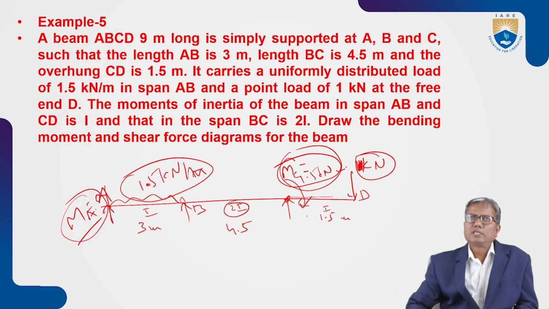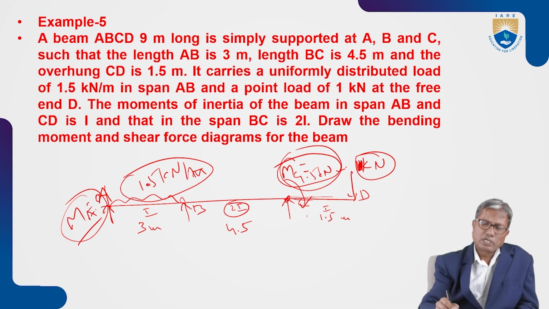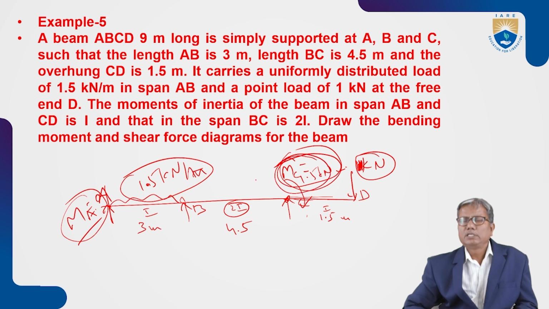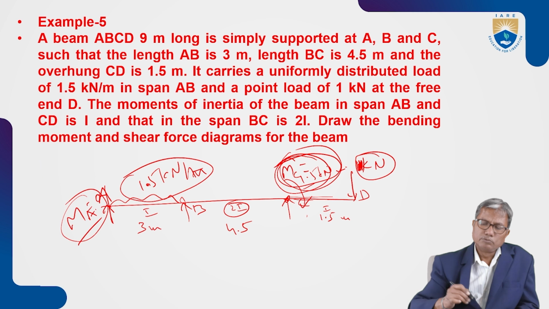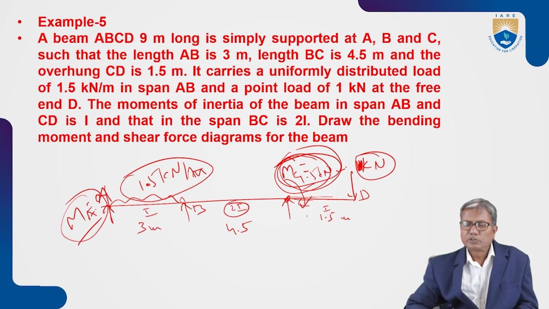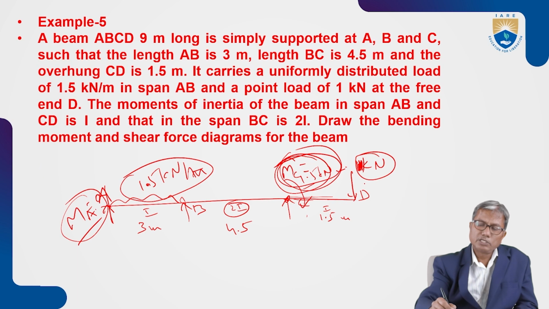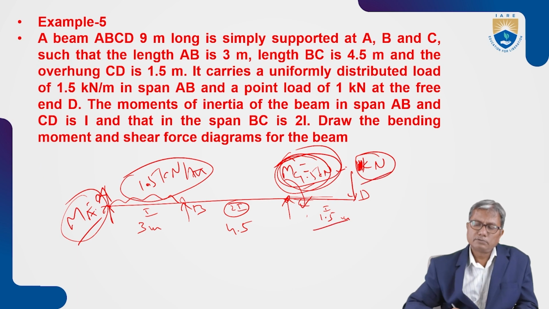Now, let us apply the theorem of three moments for spans AB and BC. Now, we replace this overhanging portion. We remove that and we include this moment MC, which is 1.5 kilonewton meters. That means 1 into 1.5 meters.